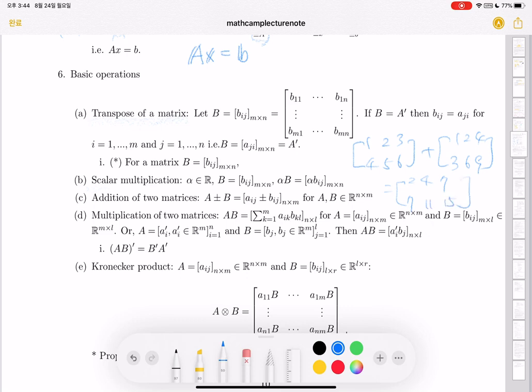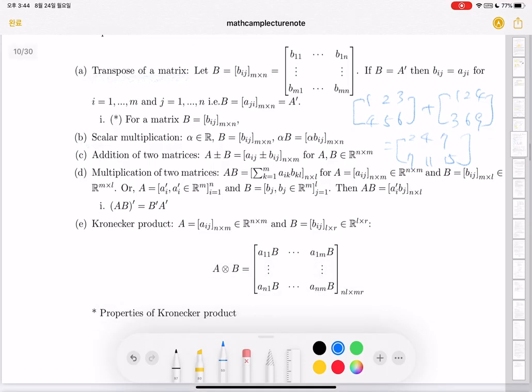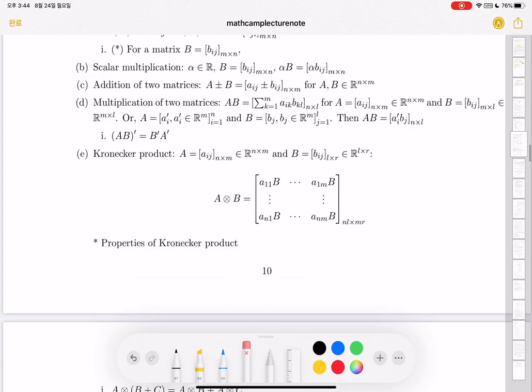Okay, you can multiply two matrices. Matrix multiplication is a bit complicated, so I want you to practice these operations. Okay.